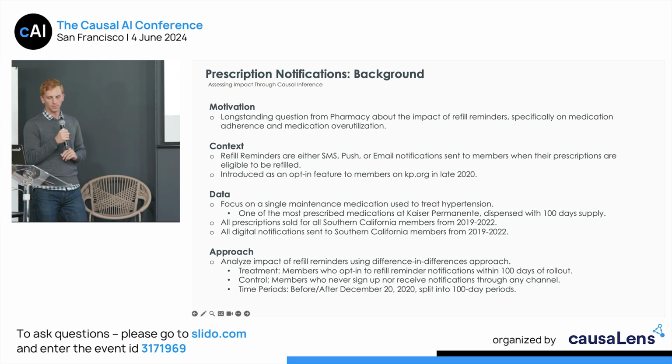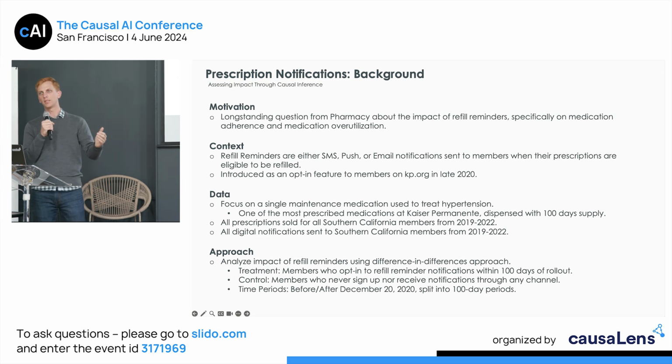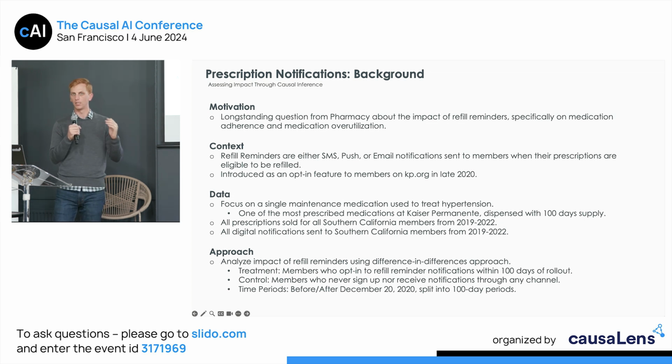In terms of the analysis, we're going to use just a classic difference-in-differences approach. To make everything very concrete, in the treatment group we have members who opted in to refill notifications within 100 days of that rollout on KP.org. For the control, we're going to use the never-treated members who never sign up nor receive notifications through any channel.